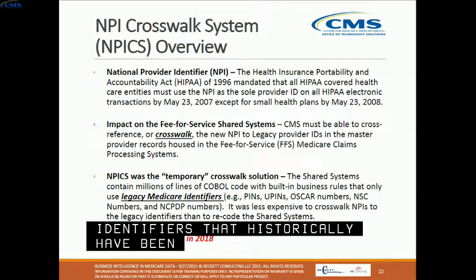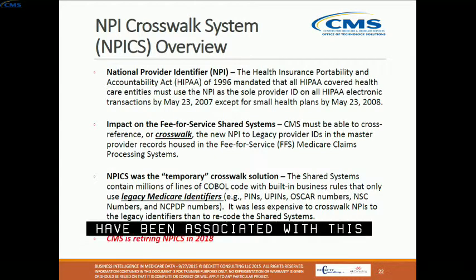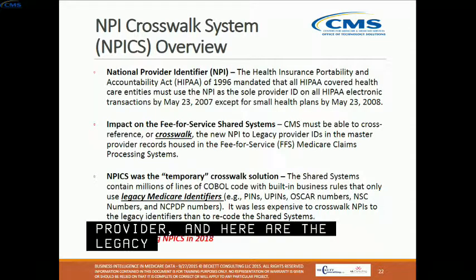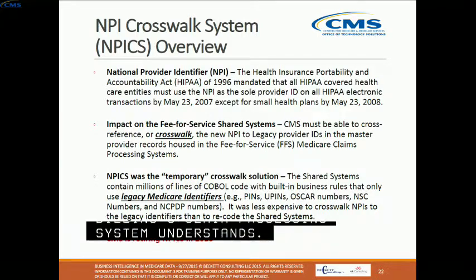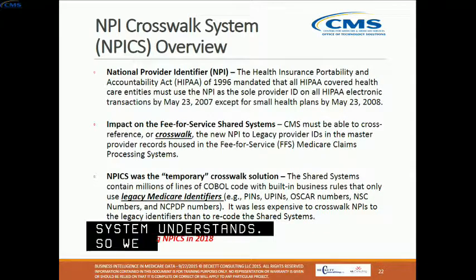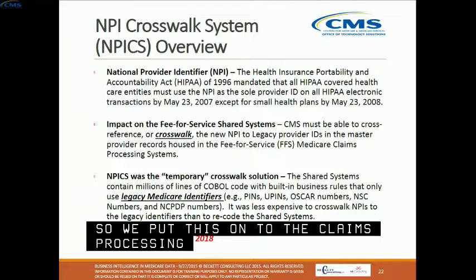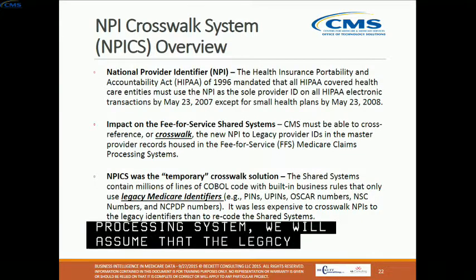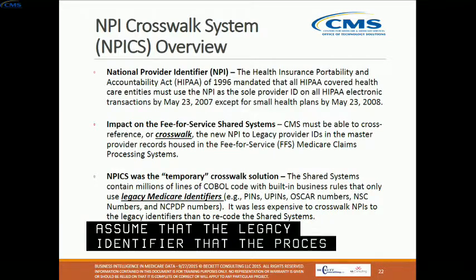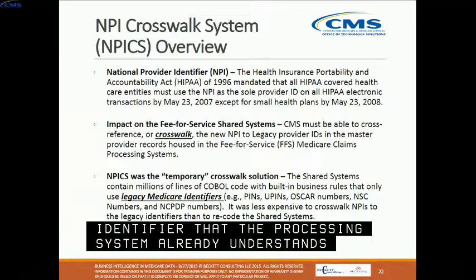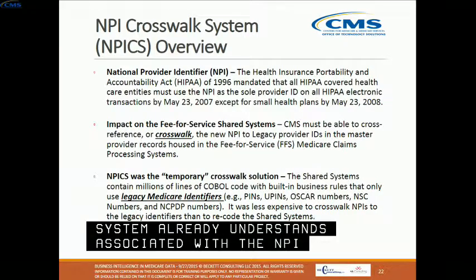And these are the legacy identifiers that the billing claims processing system understands. So when we send this claim on to the claim processing system, instead of sending the NPI, we're going to send the legacy identifier that the claims processing system already understands associated with this NPI. That was the reason, the purpose, the whole rationale behind the NPICS system.